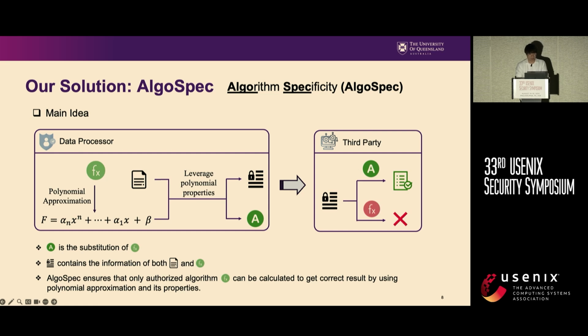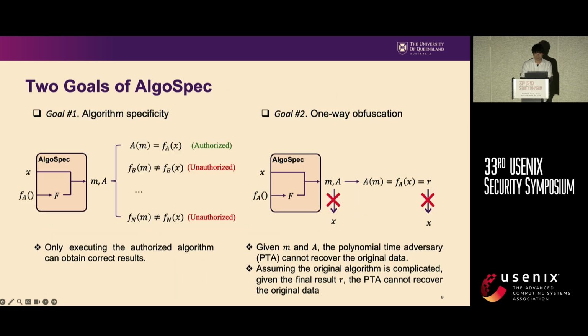However, if the third party applies unauthorized algorithms, the result will be meaningless. Therefore, we can see AlgoSpec successfully enforces the purpose limitation principle by using the polynomial approximation and the inherent properties of the polynomial, making the calculation consumption not expensive as well.